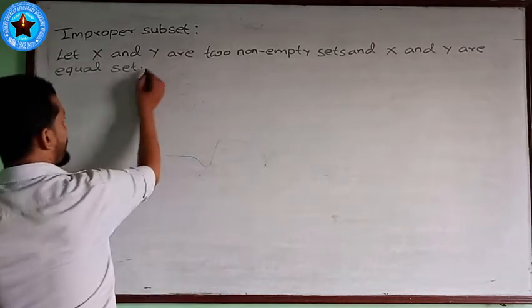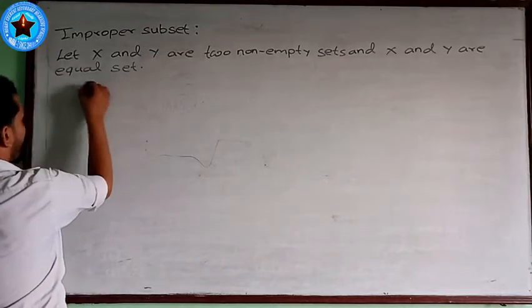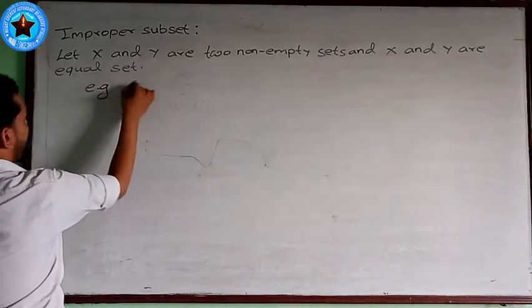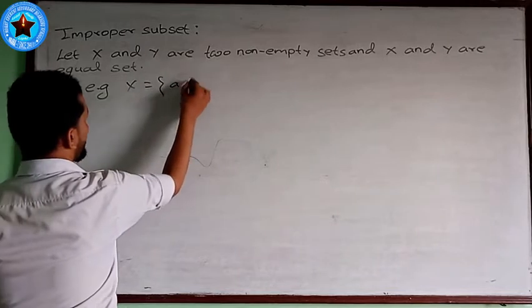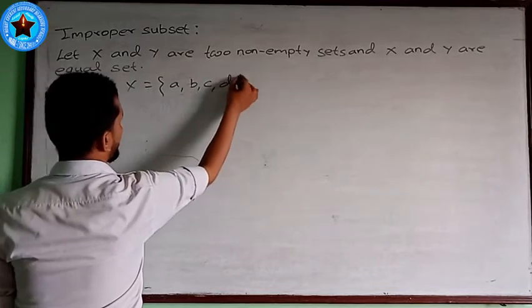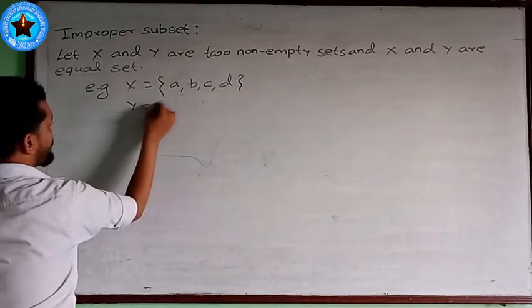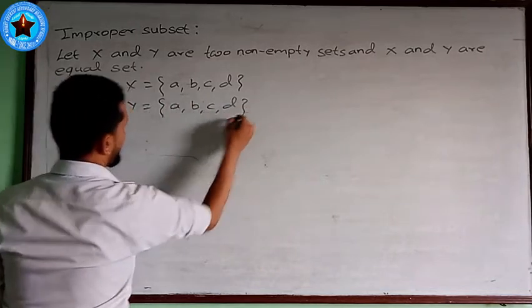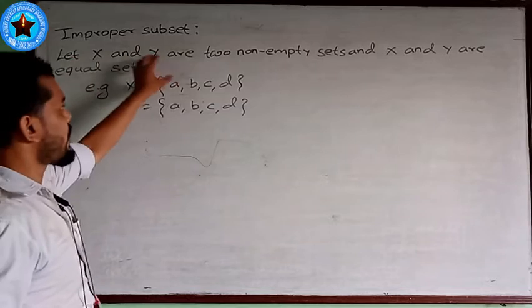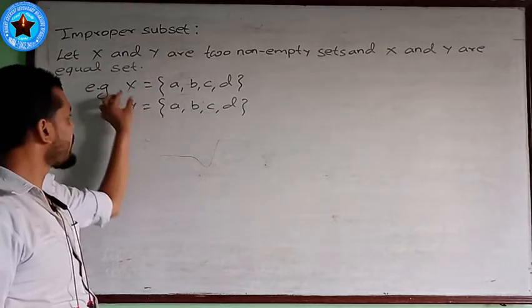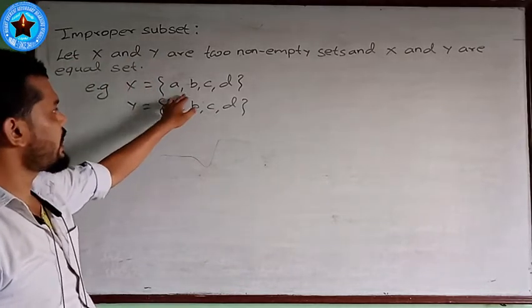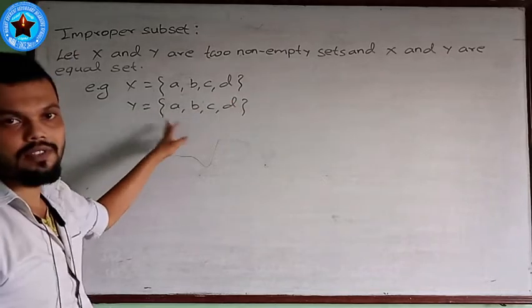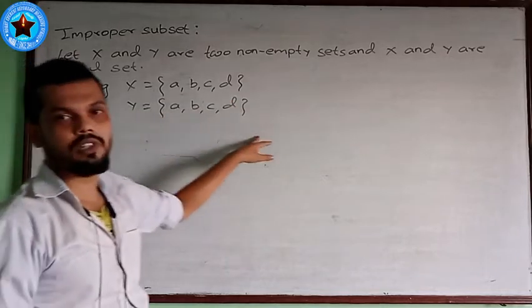Then, for example, x equals {a, b, c, d} and y equals {a, b, c, d}. Here for x and y, I have taken one example. The set x contains the elements a, b, c, d and similarly the set y contains the elements a, b, c, d.